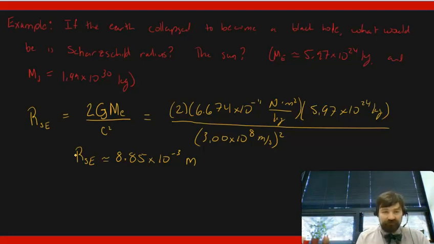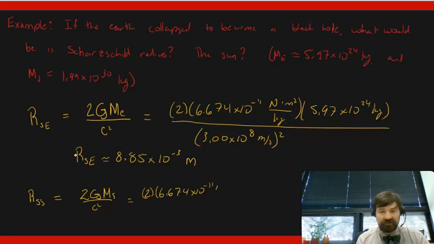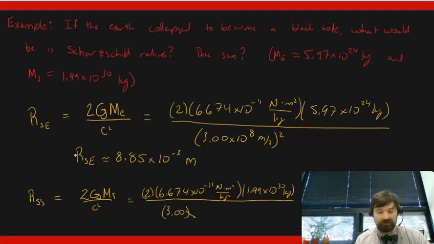What about for the Sun, though? The Schwarzschild radius for the Sun is 2G times the mass of the Sun divided by c squared. So you'd have 2 times 6.674 times 10 to the negative 11 newton meters squared per kilogram squared times 1.99 times 10 to the 30th kilograms, all divided by 3.00 times 10 to the 8th meters per second squared.